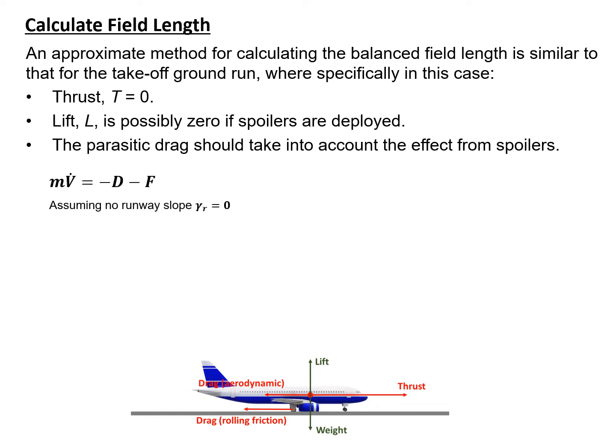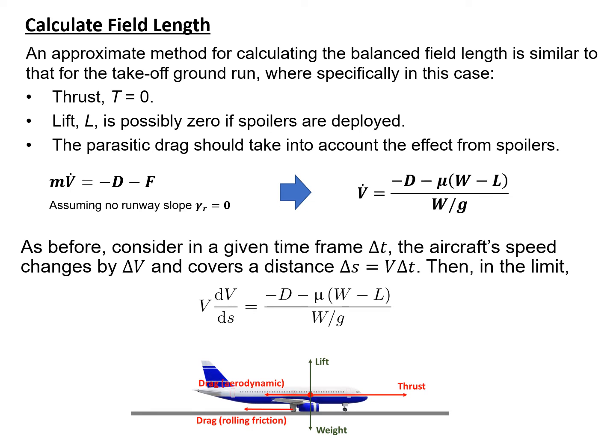Okay, now let's see the governing equation. Again, from Newton's second law, m times acceleration equals minus D minus F, because the thrust is 0, so we just don't list the thrust on the right-hand side. You may notice we assume there's no runway slope, so gamma_R is 0. We know F equals mu times (W minus L), so we just plug in F. So we have the acceleration related to the right-hand side.